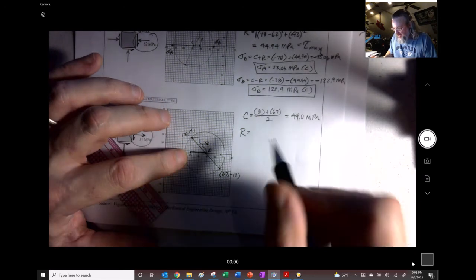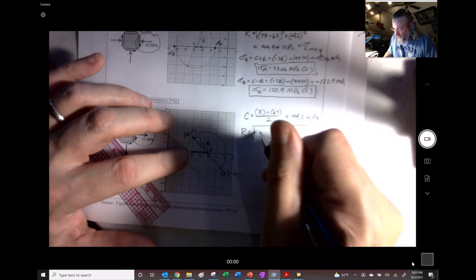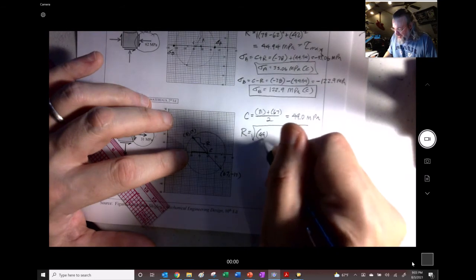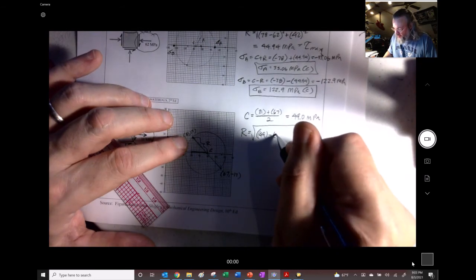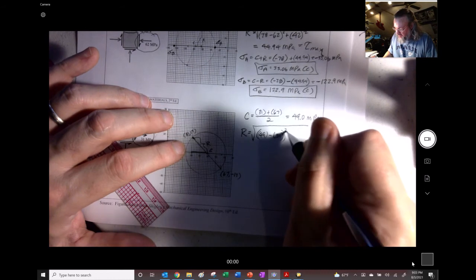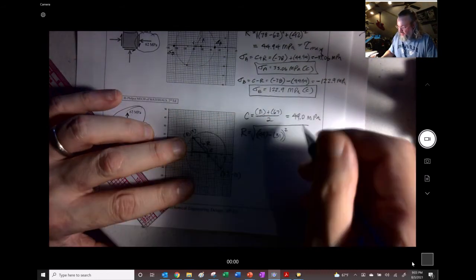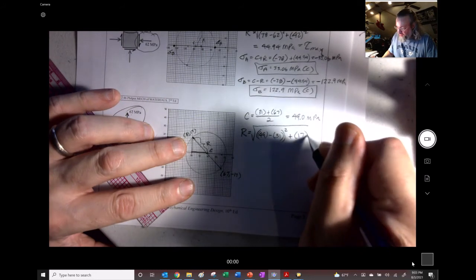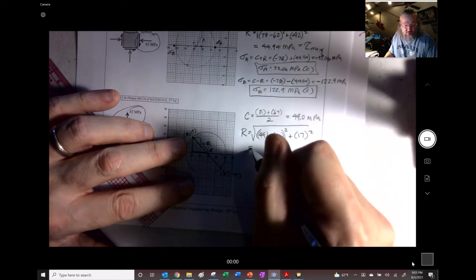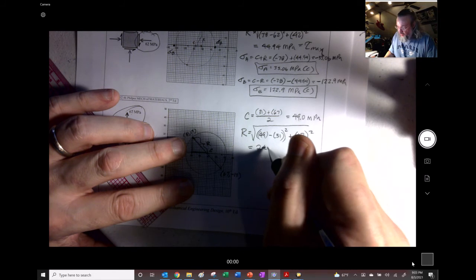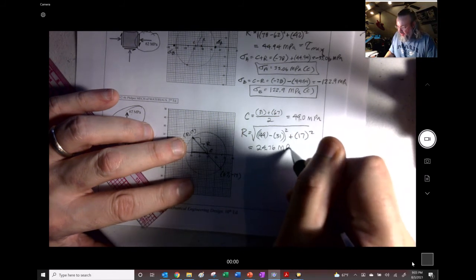So it's going to be the 49 minus my 31 squared. And then this leg is, as always, going to be the shear. So for my radius, I get 24.76 megapascals.